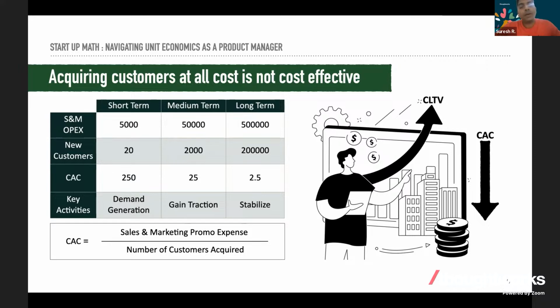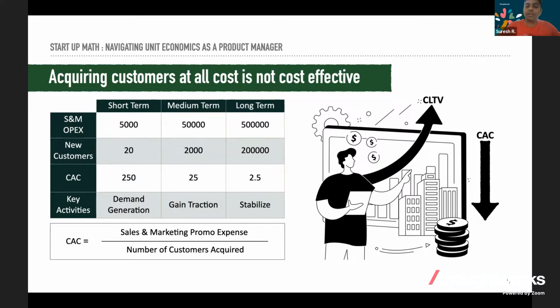So as part of this, whenever you work on your customer acquisition cost, it is always better to segment it into short term, medium term, and long term. The reason for this is there is a changing market dynamic. There is a maturity of the product that we are building as well. And also there is a maturity among the customers who are using the product.